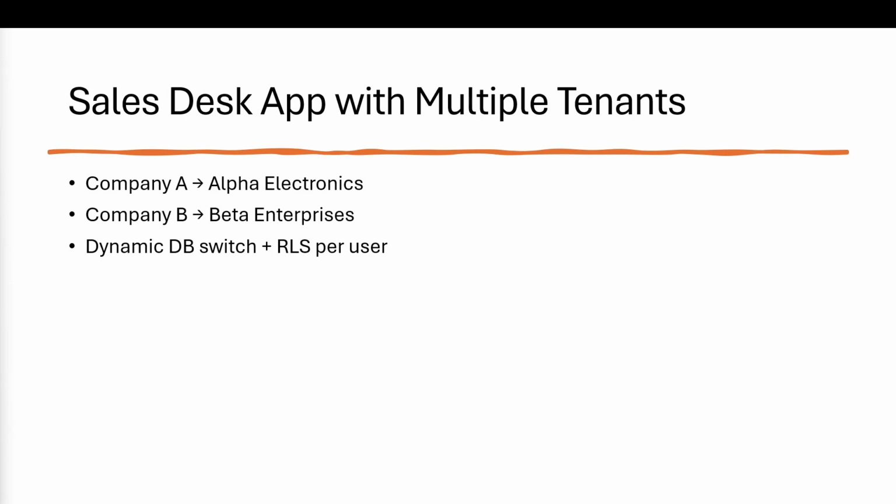For example, let's take a sales dashboard app. Again, you are running a sales desk app for two companies. Let's take company A, Alpha Electronics, and company B, Beta Enterprises. When a salesperson from Alpha Electronics logs in, Bold BI connects to the Alpha Electronics database and shows the data relevant to him.